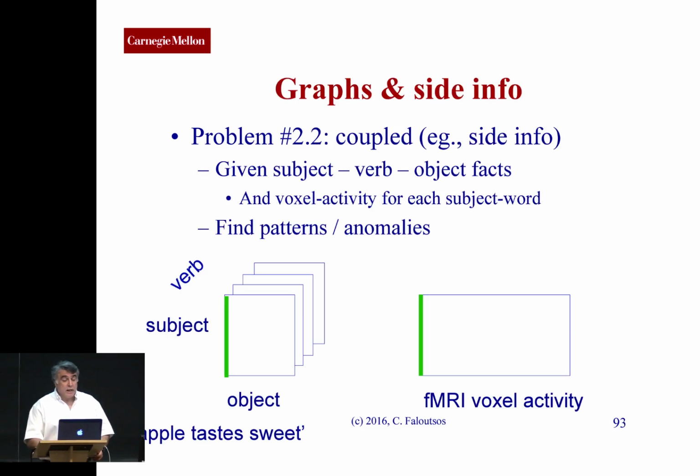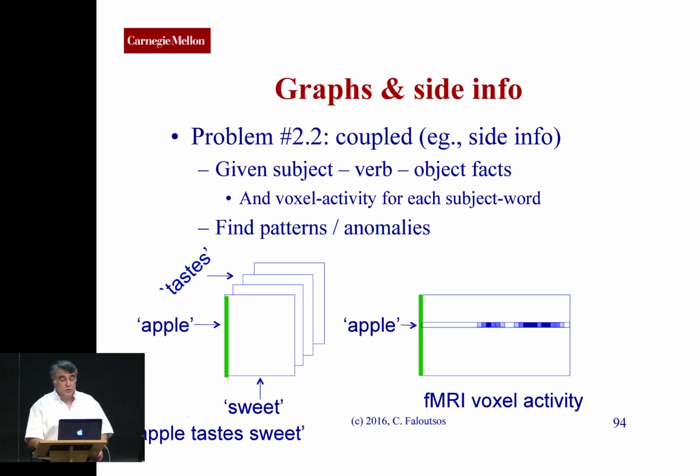Moreover, sometimes we have the subject, verb, object that we mentioned before, so that's a nice clear tensor, but we may have side information for every subject, let's say apple, hammer, dog. We may have the brain activity from a person when this person is shown the photograph of a hammer, of a dog, of an airplane. Suppose this corresponds to the word apple, this is a subject.